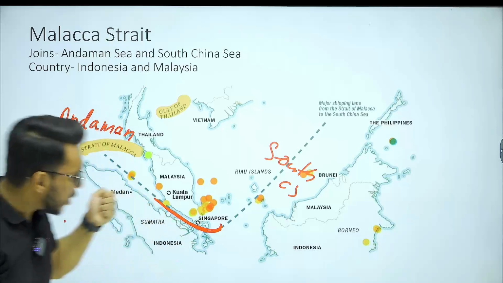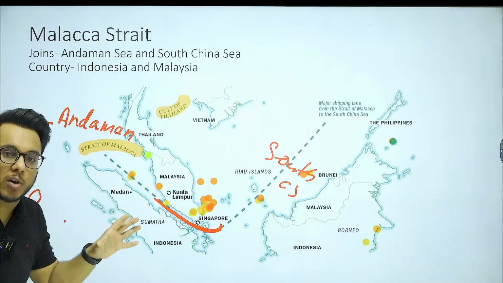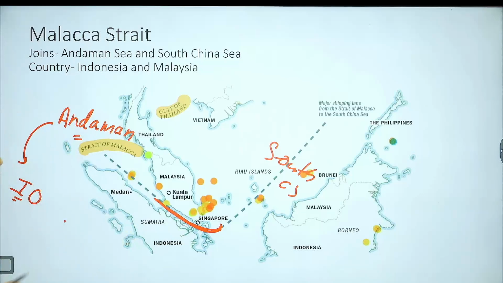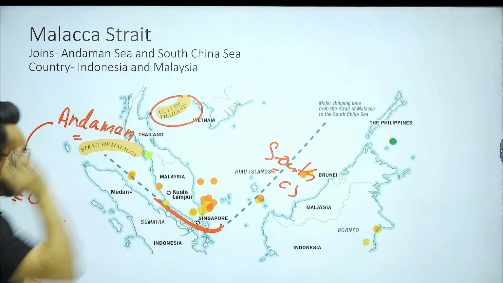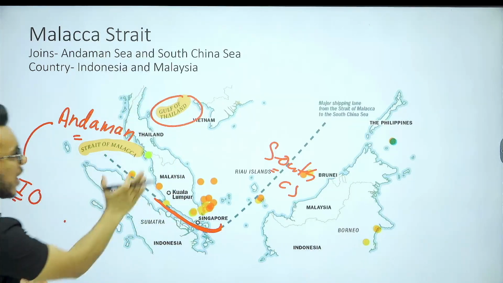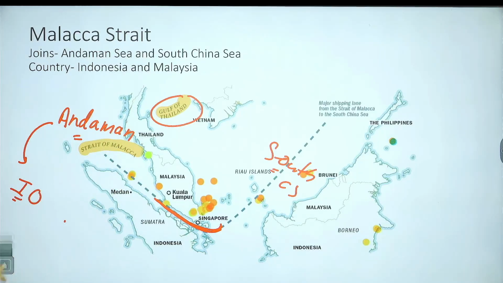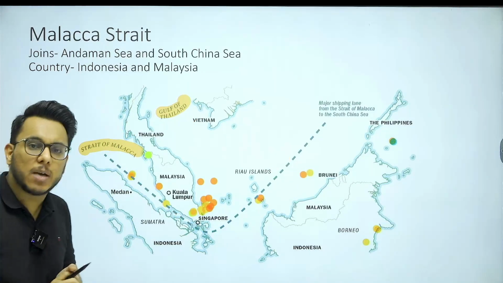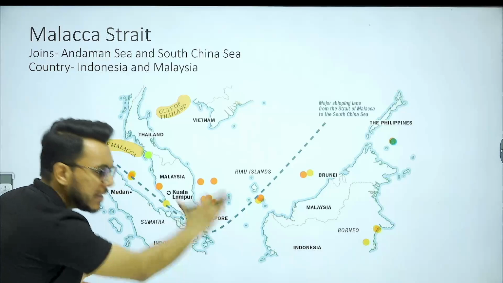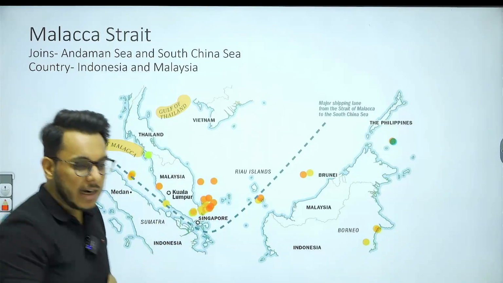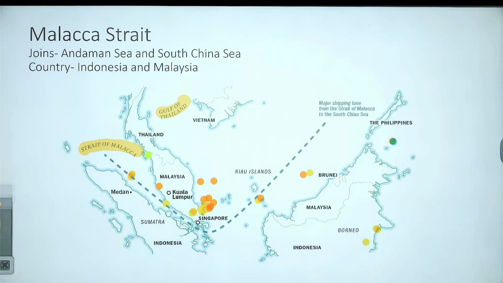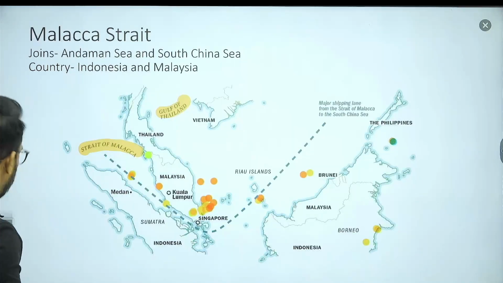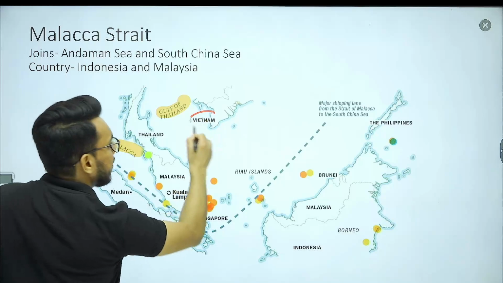Now, the Malacca Strait connects two water bodies, the Andaman Sea and the South China Sea. Here we have the Gulf of Thailand towards the north. Let's also discuss a little bit about the countries in this area, because sometimes questions are asked on that as well.